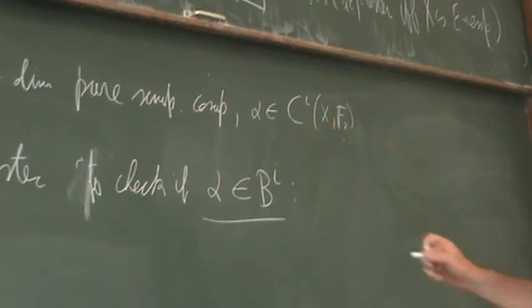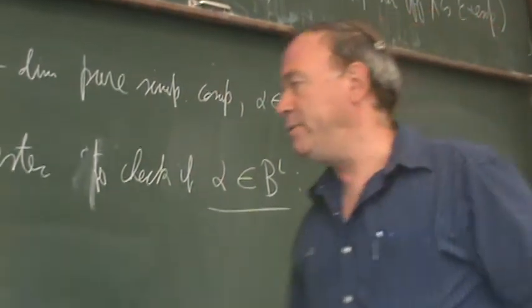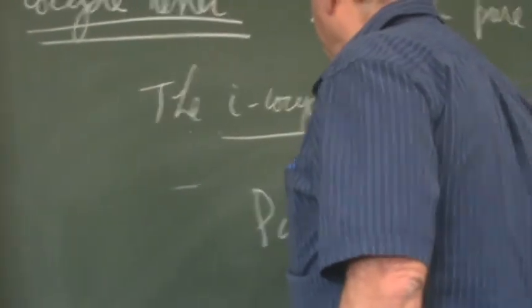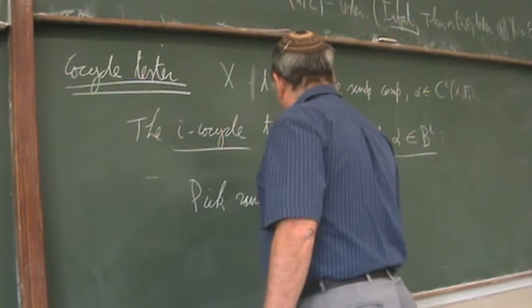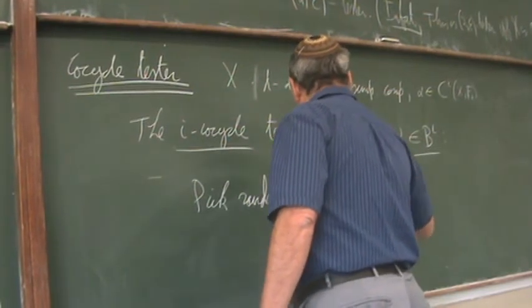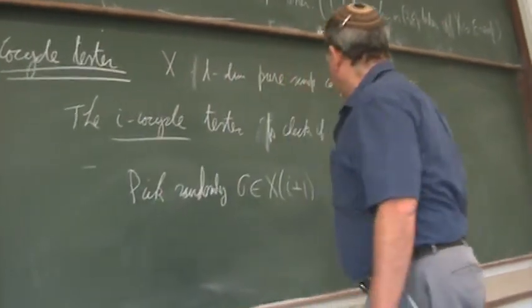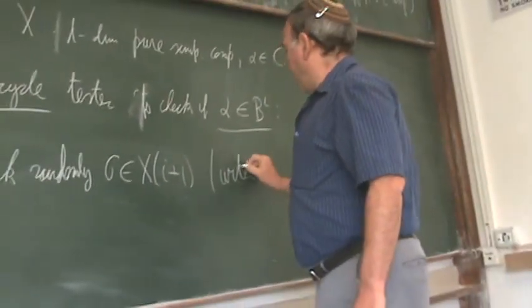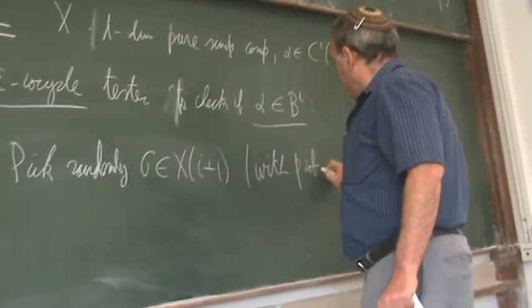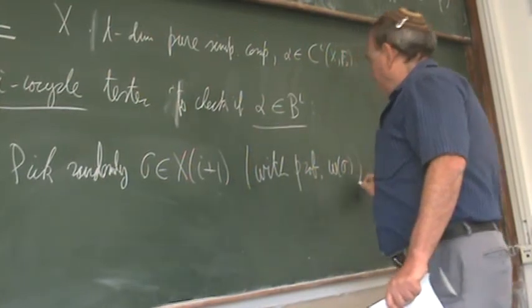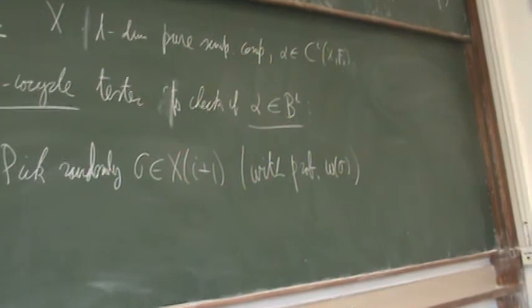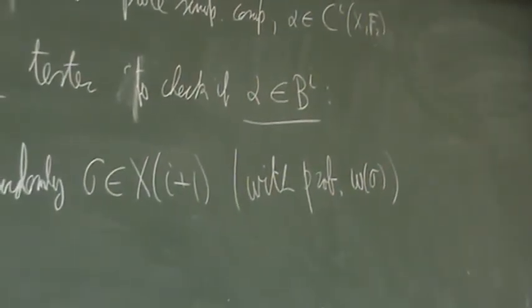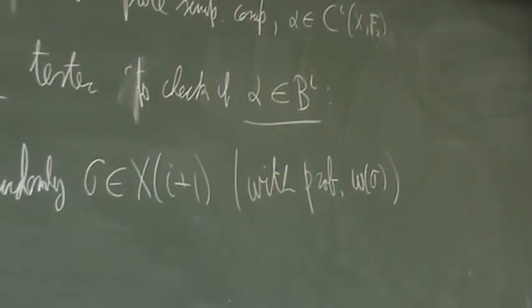And the tester will pick randomly sigma in XI plus 1 with probability W of sigma. Remember, these weights we gave on the I plus 1 cells is a probability measure on the I plus 1 cells.